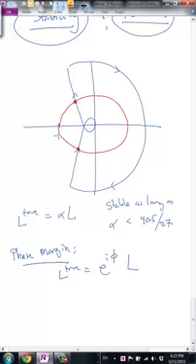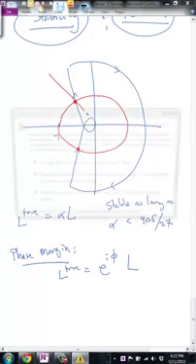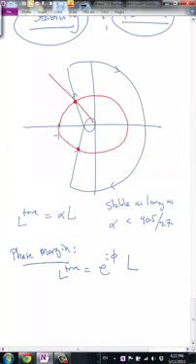Therefore, this angle is the critical angle.